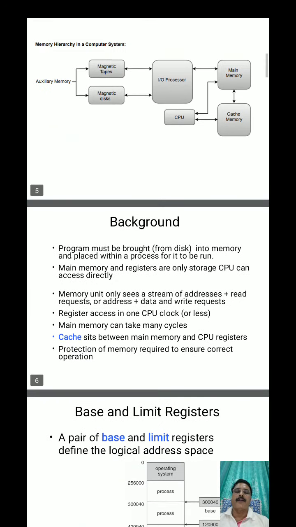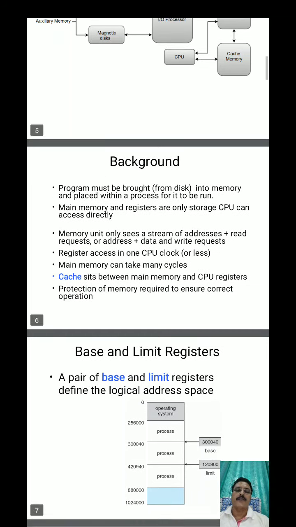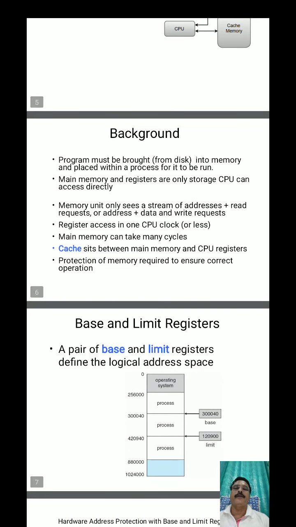Now let's see some background. Program or code must be brought from disks, that is secondary storage devices, into memory and be placed within a process for it to run. Main memory and registers are the only storage the CPU can access directly, whereas auxiliary memory devices are indirectly addressed. The memory unit only observes a stream of addresses and read requests, or address plus data and write requests.